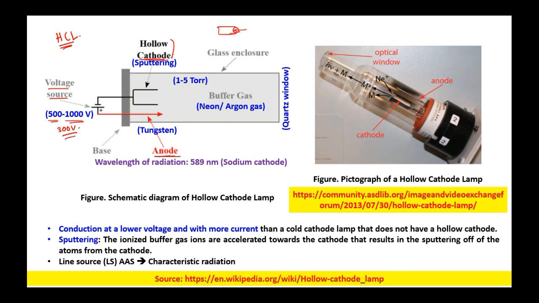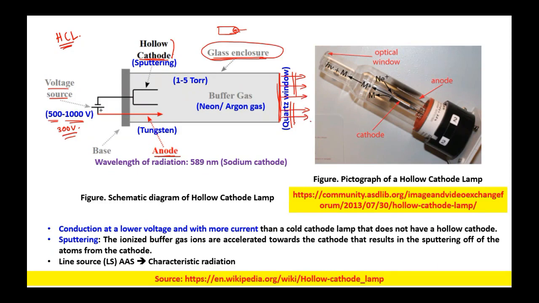Right now, this electrode system is enclosed within a glass enclosure, and at the tip over here, which I am marking in red, we have a quartz window. Whatever light is generated within this glass enclosure is expected to move out of this quartz window and gain entry into the spectrometer.